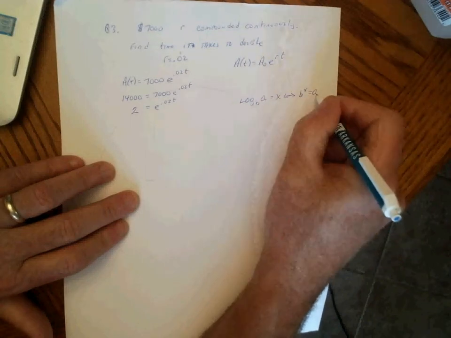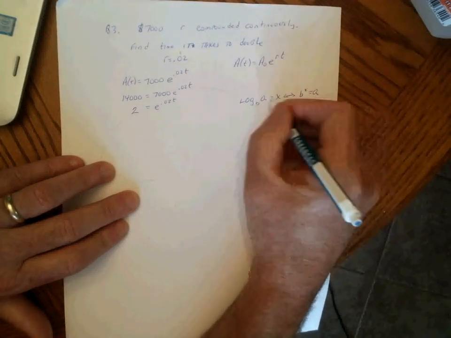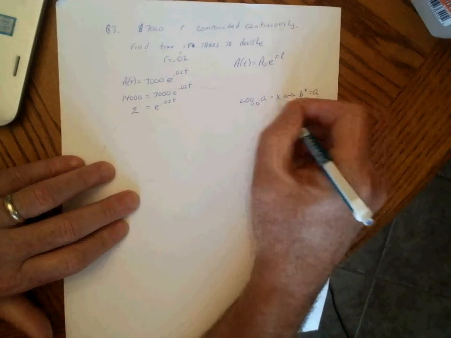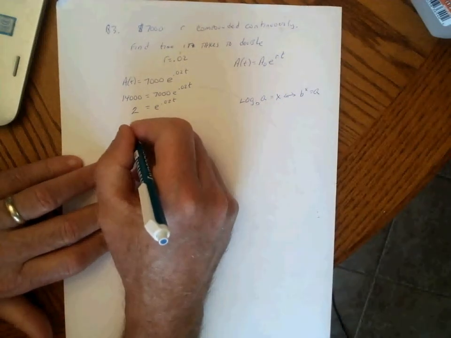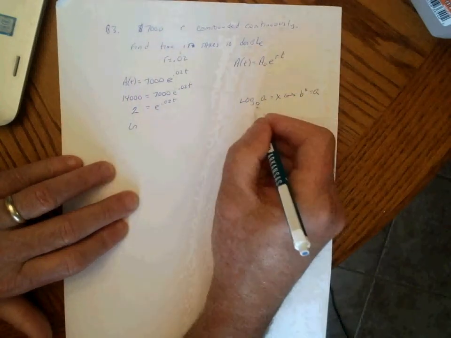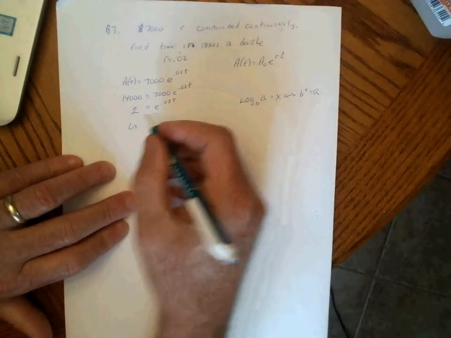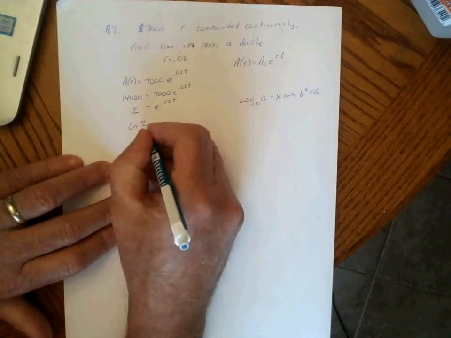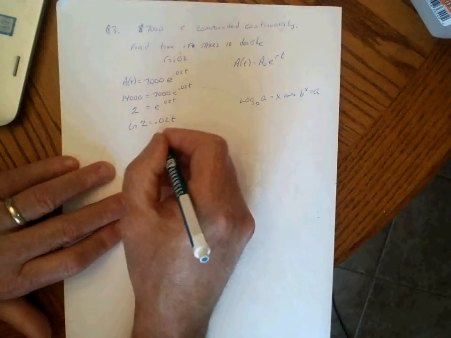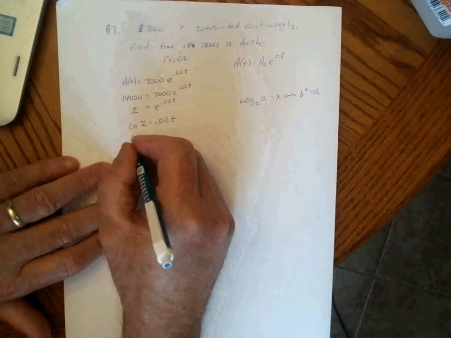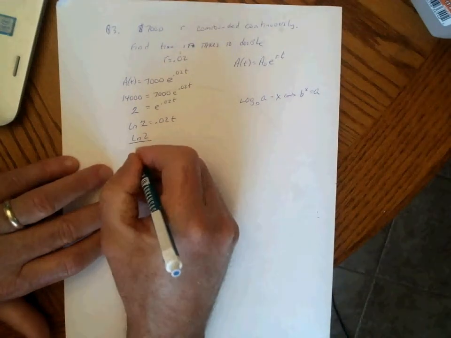What's on the outside of the equation goes to the inside of the log, and the exponent comes down on the outside. So here, this is going to be ln, because ln is log base e, of 2 equals the exponent, 0.02t. So if we divide both sides by 0.02, we get ln 2 divided by 0.02.